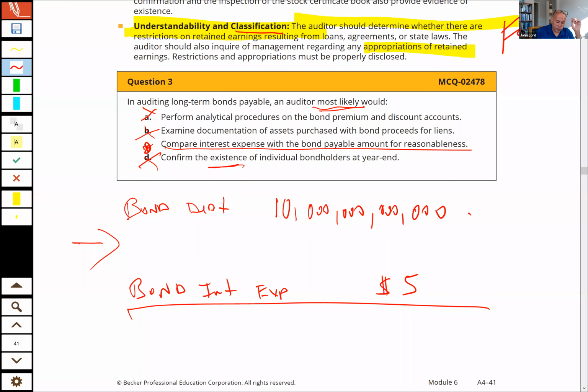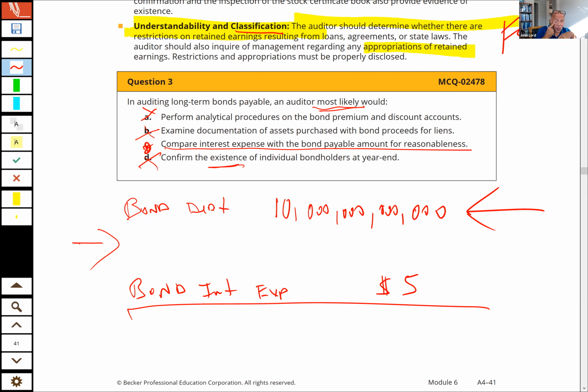So if you got comfortable, and by the way, confirmation wouldn't give you much comfort with completeness. It could give you some comfort, but remember we said that when you do confirmation for debt, you're supposed to use blank positive confirmation so the client's customer goes and looks through their records.